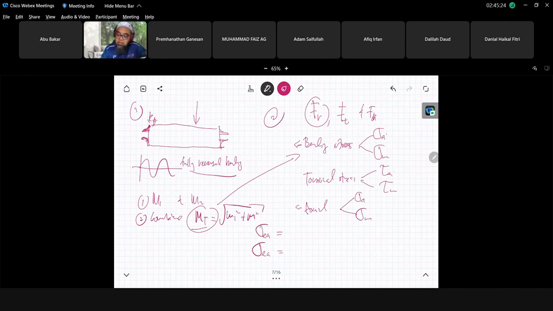For the alternating stress, kita gunakan distortion energy theory.